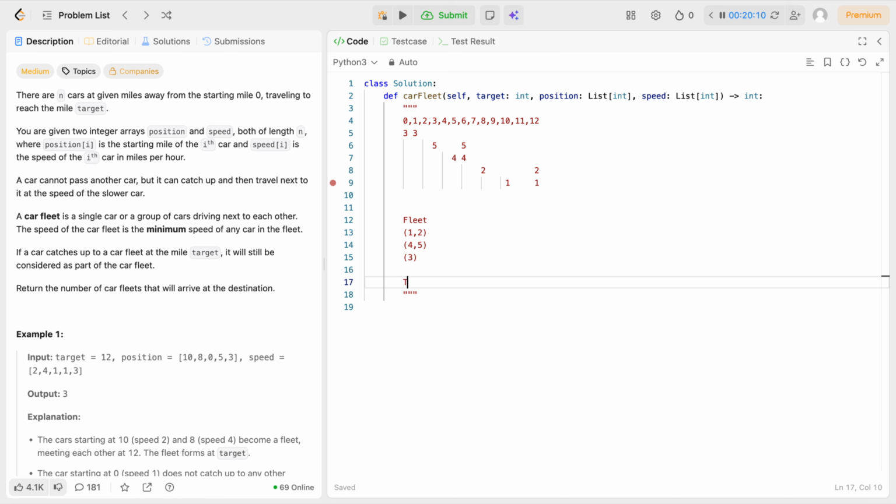With that brute force approach, I guess time complexity, space complexity. Space complexity, we store the timestamp of all of this.